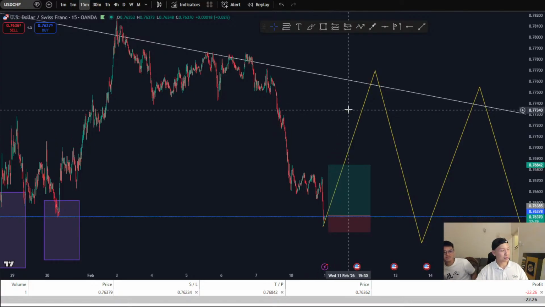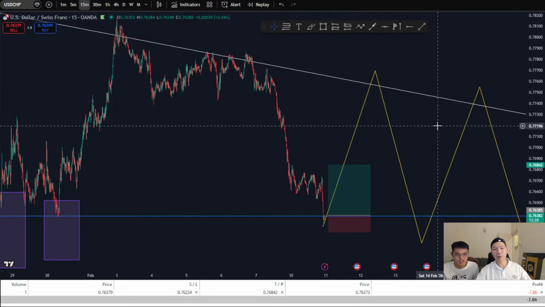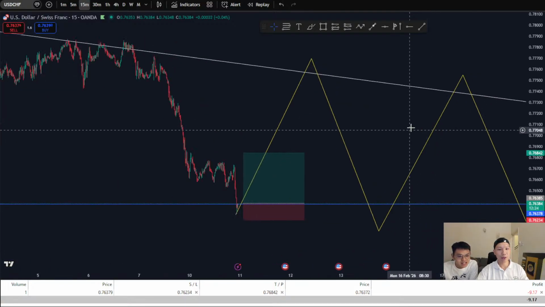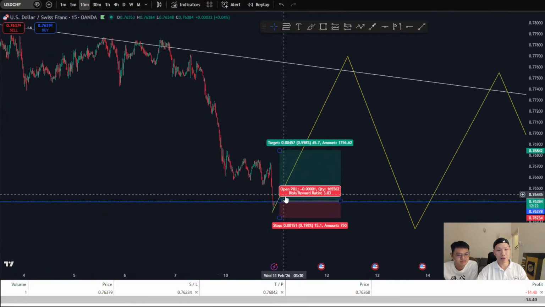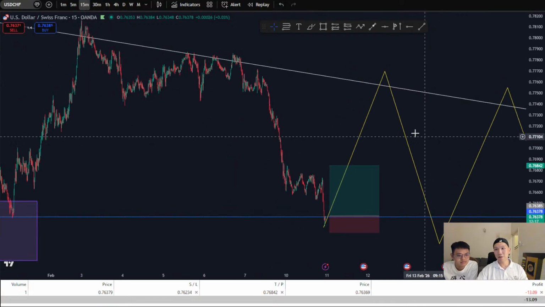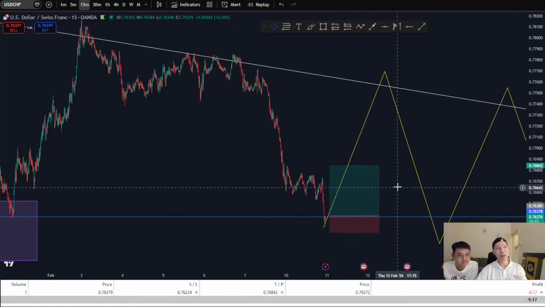I think that if you have full planning before your entry, then there is a hypothesis, right? So the entry can be executed. This is my thought. So this is what's going on with USD CHF, this is my hypothesis, and I did a one lot size.